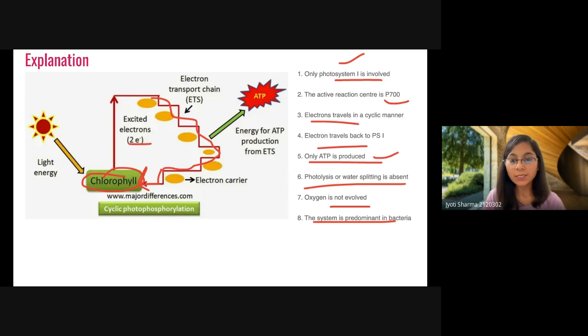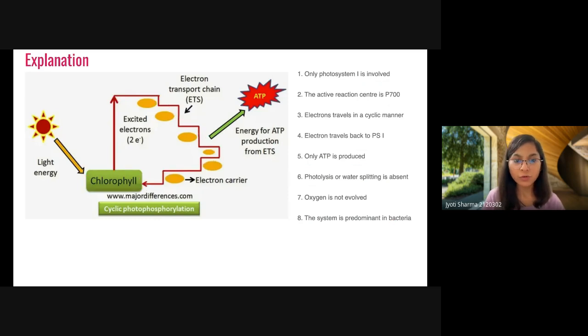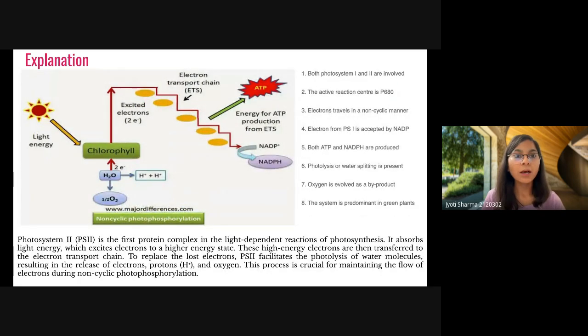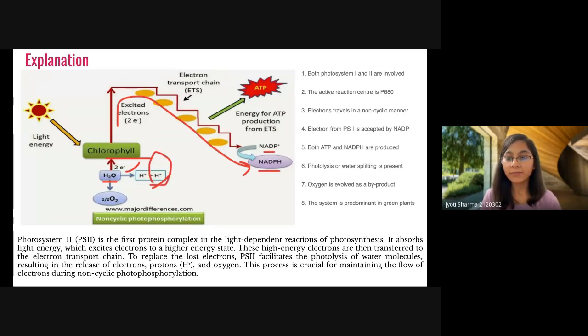Okay, so this is the cyclic one, and let me show you the non-cyclic one as well. This is very common in the green plant. So we have chlorophyll, then we have water, and it is releasing electron and H plus ion. This electron will be utilized to change an ADP to an ADPH, and this H plus ion will create the proton gradient, and using that proton gradient, we can synthesize ATP.